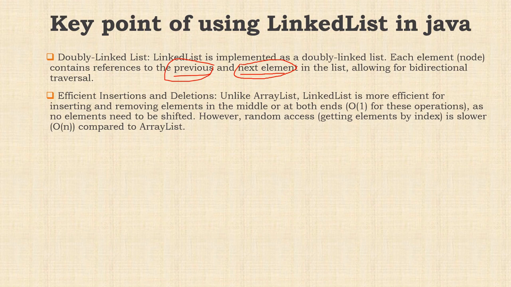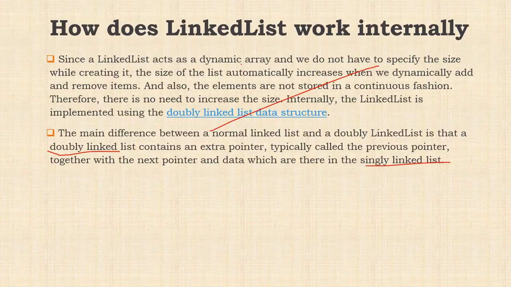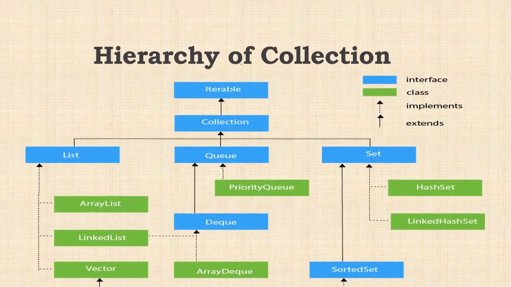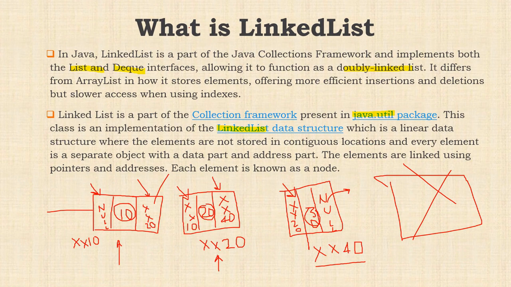If you want to remove, let me quickly show what you have to do. I think we covered this in the previous slide. If you want to remove this 20, it will not take more time. Why? Because in the first node, in the next address, we can pass xx40 instead of passing xx20. So it will not take more time.